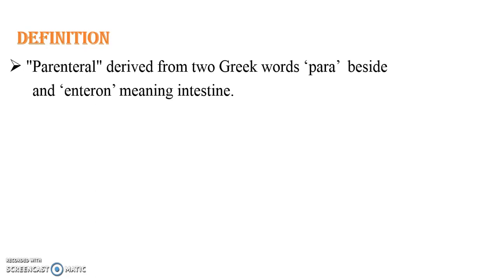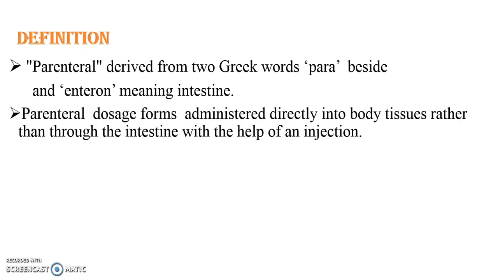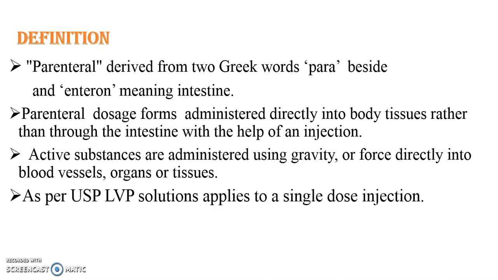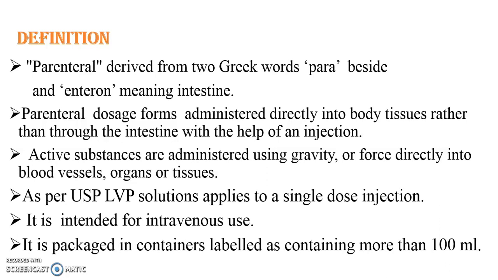So let us discuss what we mean by parenterals. Parenteral is derived from two Greek words: para, which indicates besides, and enteron, which indicates intestine. A parenteral dosage form is administered directly into the body tissue rather than through the intestine, with the help of an injection.